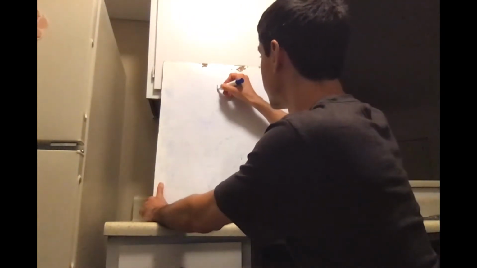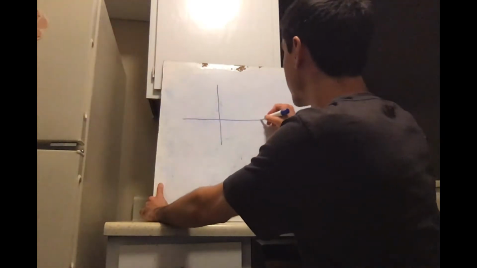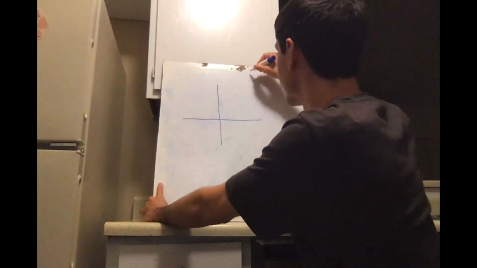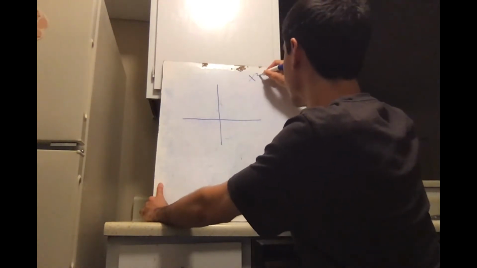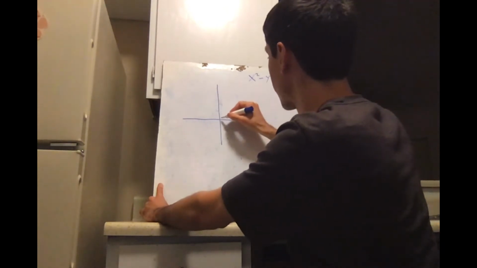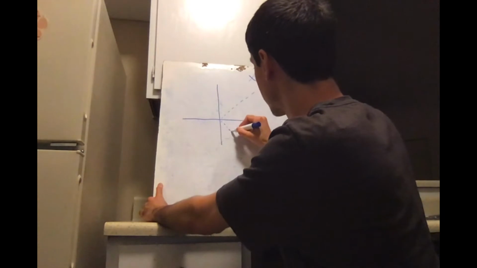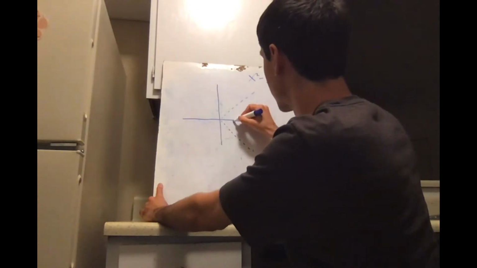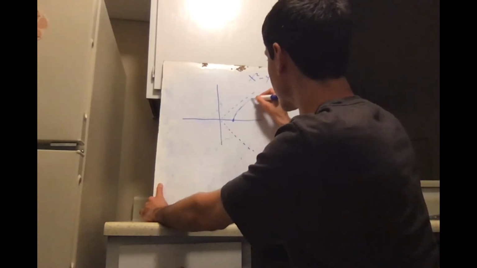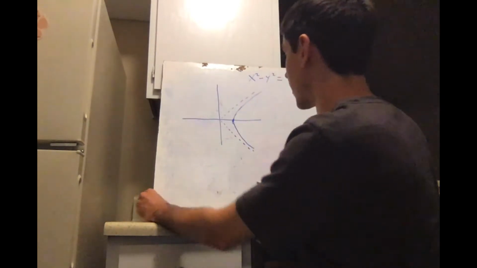So, back to the hyperbola, the so-called unit hyperbola, x squared minus y squared equals 1. Of course, we're only going to concern ourselves with the right branch for our conversation of cosh and sinh.